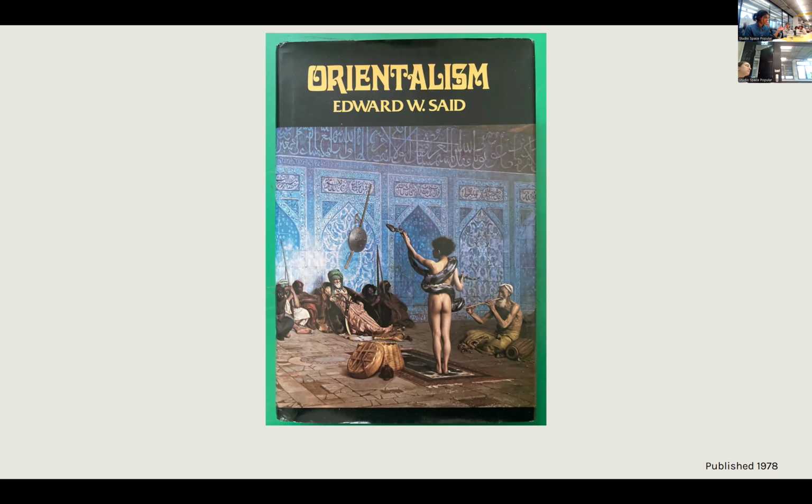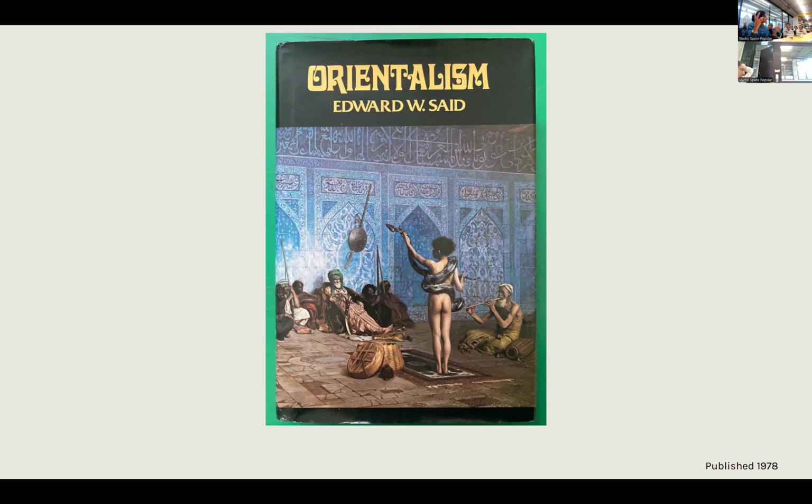He's specifically covering the late 18th century, although as the books we were looking at showed, the idea of the Orient was already popular in the late Gothic period, but Edward Said is looking at this late 18th century period.